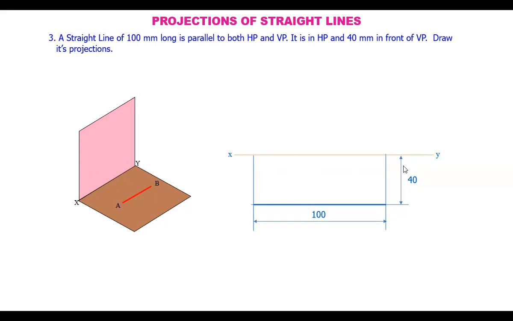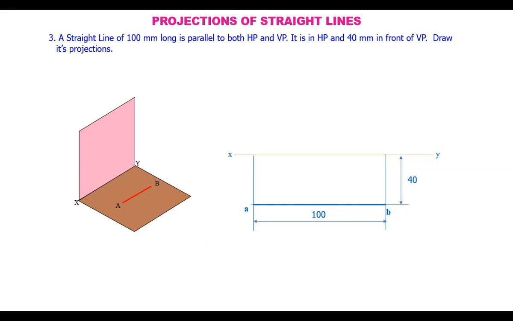That is 40 mm in front of VP. We draw a line parallel to the reference line first and mark 100 mm, because we see the true length in the top view. Mark 100 mm line here and mark it as the top view, a and b, small letters only.